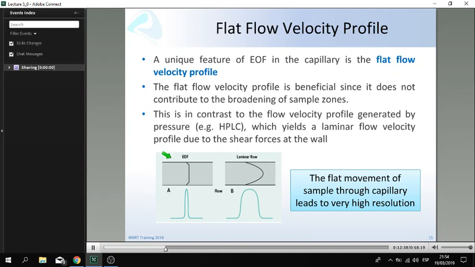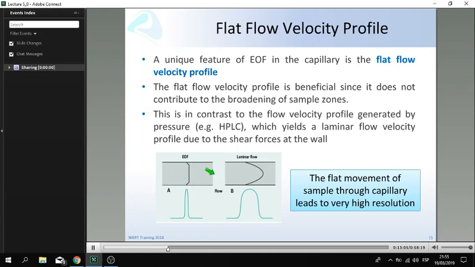In our capillary electrophoresis, we don't have a pump that's moving things through. We have an electric field that is moving things through, and the electric field acts the same on the whole sample. So the shear forces are not as strong as in something like UPLC. As our sample is going through, it's not really spreading into laminar flow.